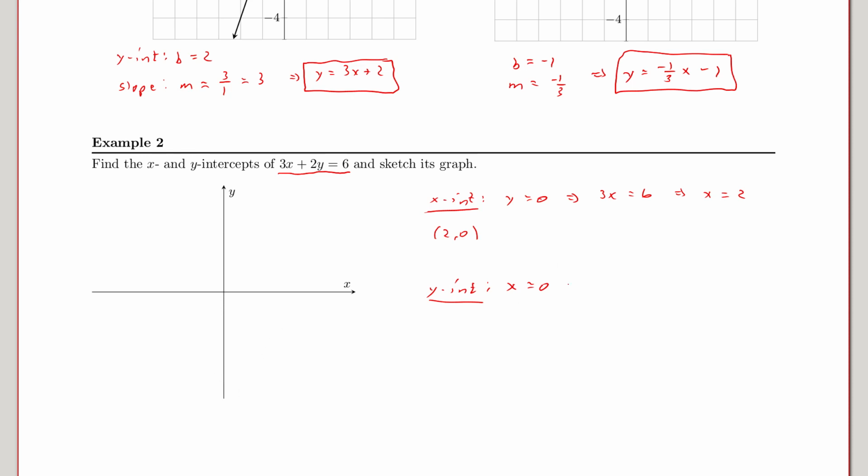Same is true for the x-intercept, but with regards to the x-axis. So if x is 0, plugging that in would knock out the x term, and you would just have 2y equals 6, or y is 3. And so your y-intercept is 0, 3.